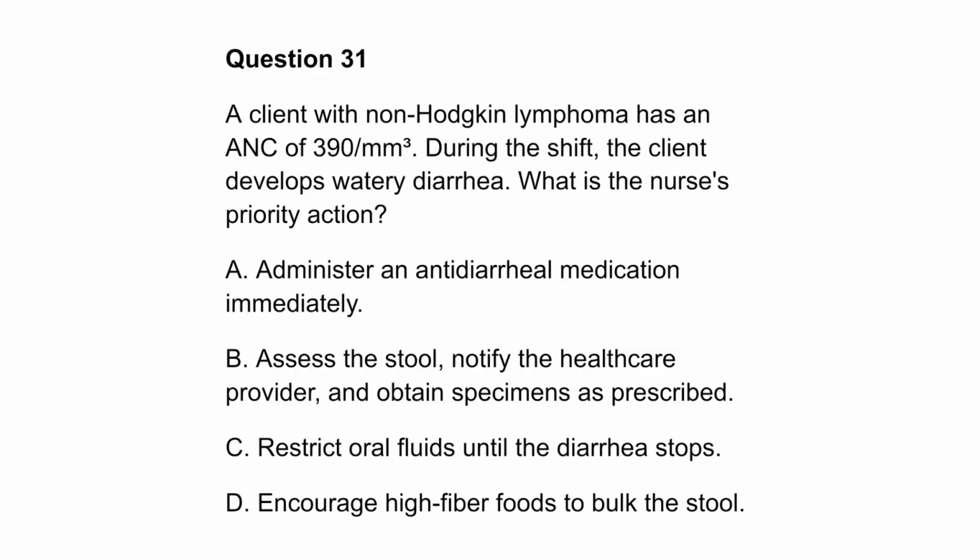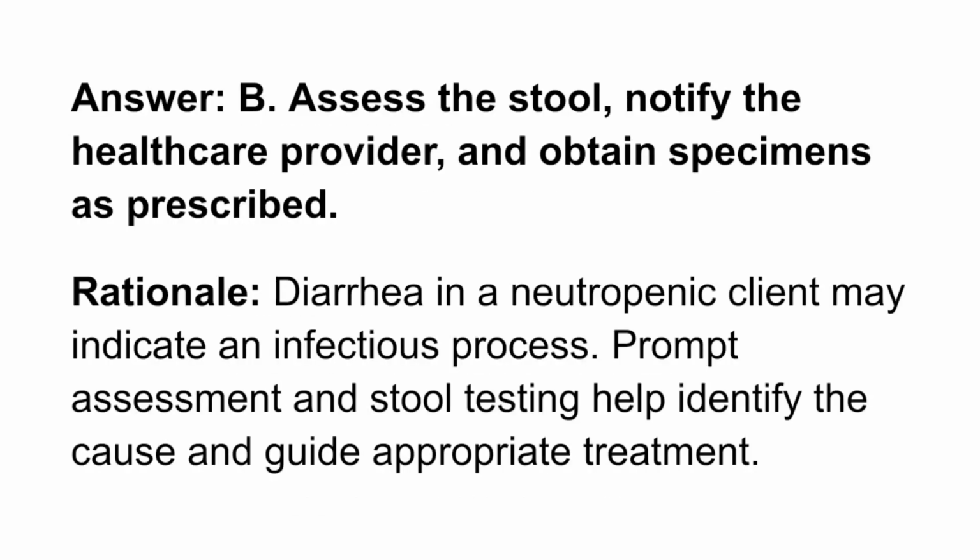C. Restrict oral fluids until the diarrhea stops. D. Encourage high-fiber foods to bulk the stool. Answer. B. Assess the stool, notify the healthcare provider, and obtain specimens as prescribed. Rationale: diarrhea in a neutropenic client may indicate an infectious process. Prompt assessment and stool testing help identify the cause and guide appropriate treatment.